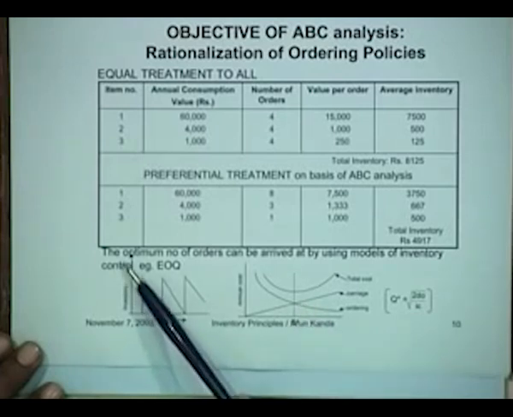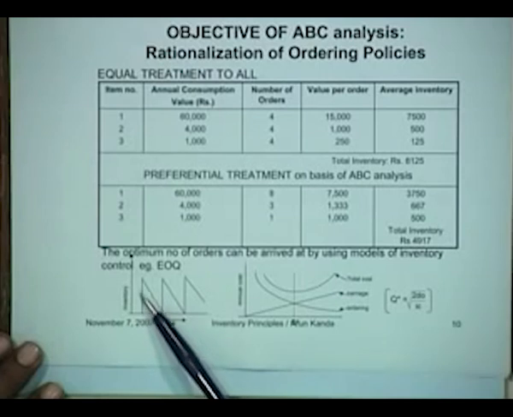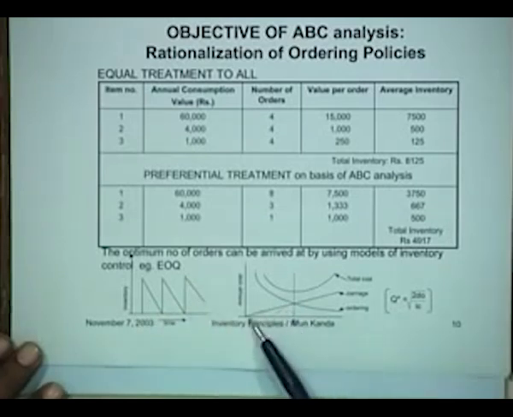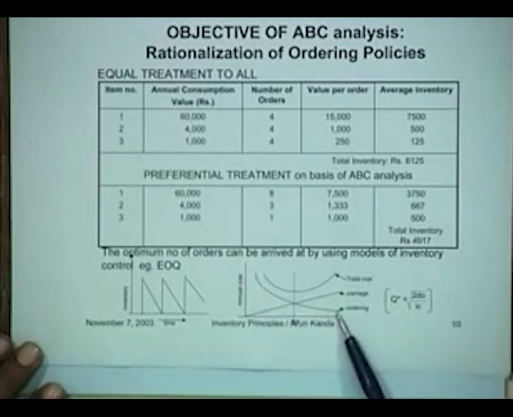For instance, you know that in the EOQ formula for a certain item, we place the order, the stock level goes up, then you consume this at a certain rate and so on, so that the pattern of variation of inventory is the sawtooth curve. So then we can find out the carrying cost, we can find out the ordering cost, and we can draw an expression for the total cost.